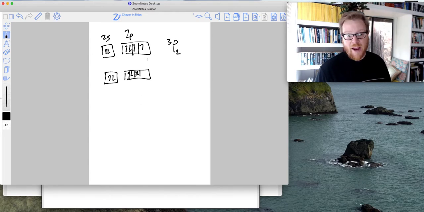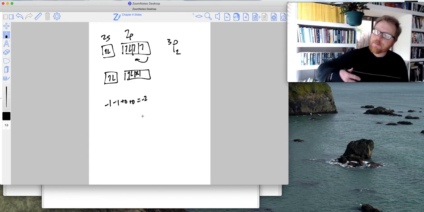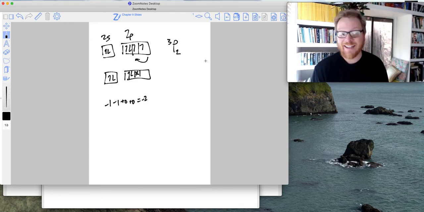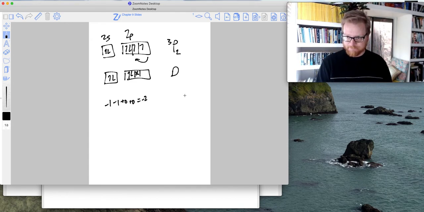So, right, I've moved that over, I've forced it to pair up. So we can see that as far as what the letter is, that's going to be -1, plus 0 to be -2. The absolute value of -2 is 2. So that's a main D term.